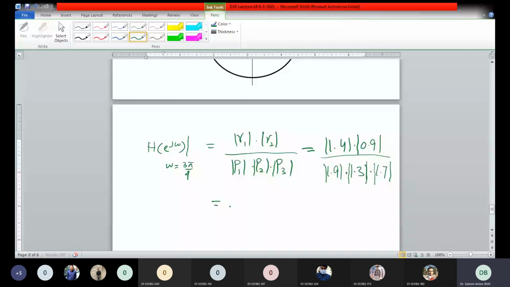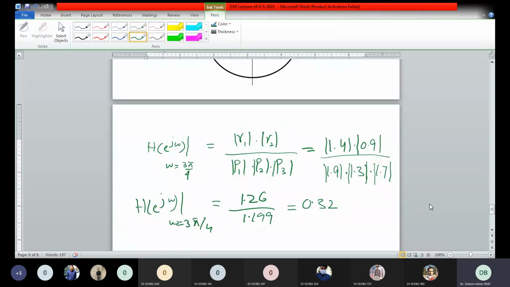So what would be the result of 1.4 into 0.9? 1.26. 1.26 divided by, multiply 1.9 into 1.3 into 1.7, 4.199, and then divide them, 0.3, 0.32. Thank you beta. So this is omega is equal to 3 pi by 4.